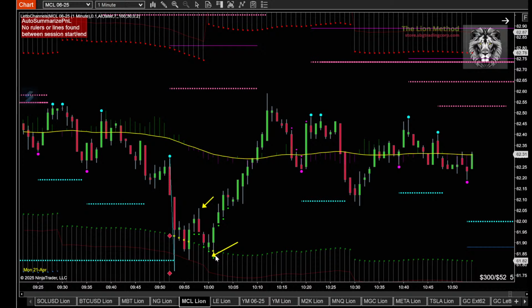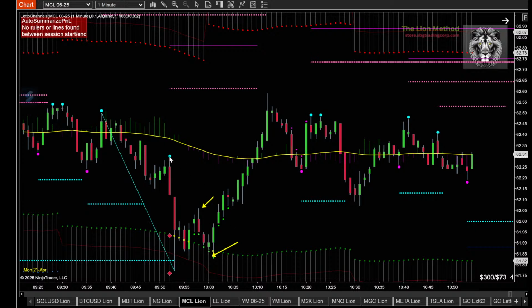So if that's a small distance compared to the last 14 bars, it ignores that. So if this distance is big enough, then it'll start printing a dot up here. And that's what we're looking for. So this blue dot was printed because this move was so big compared to the last 14 bars. That's why it printed that.